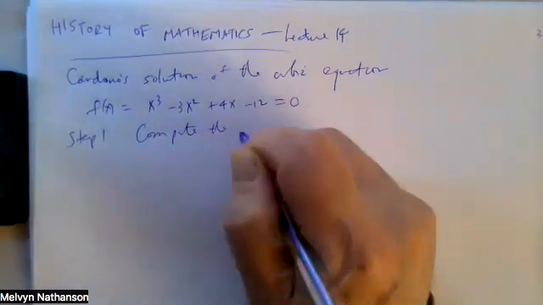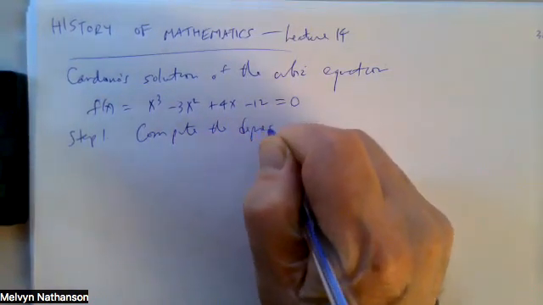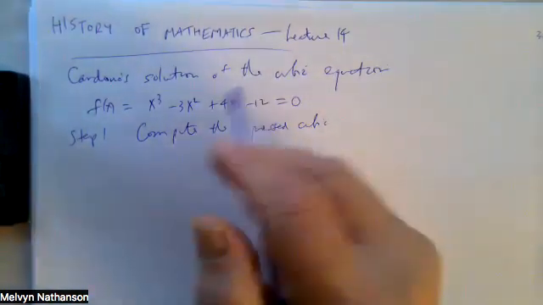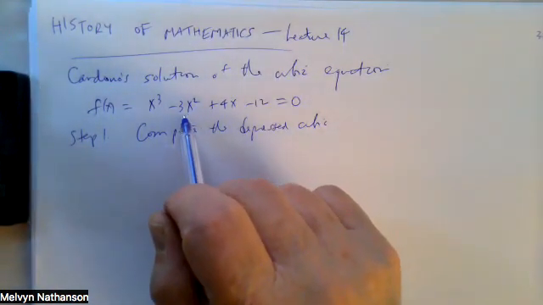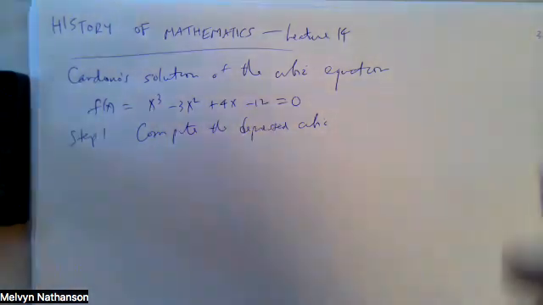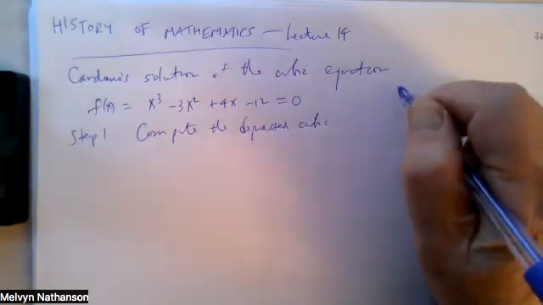compute the depressed cubic. A depressed cubic is a cubic where there's no quadratic term, there's no x squared term, there's just a cubic term, a linear term, and a constant. And how do you do that?